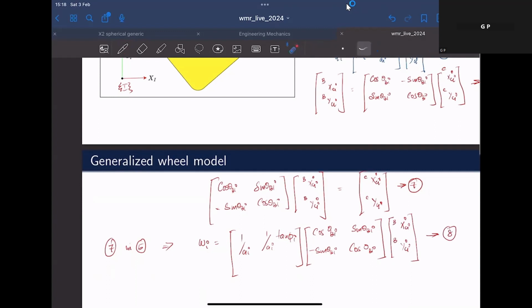So we have basically mapped omega I, the angular velocity of the wheel, all the way to xci dot represented with respect to frame B.